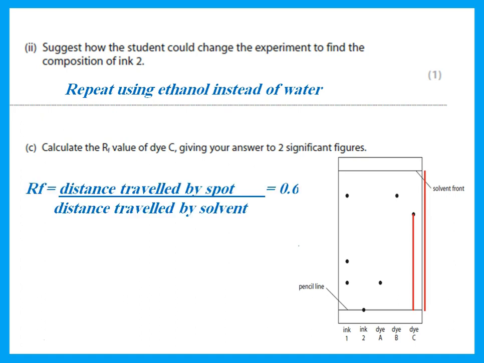So if it asks for the definition of RF value, you should realize it is distance traveled by the spot over distance traveled by the solvent. In this case, it comes out to be 0.6. Remember that if you do the RF value correctly, it has to be something less than 1. So if you found that the RF value is 1 point something or above 1, that is wrong. It has to be 0 point something.